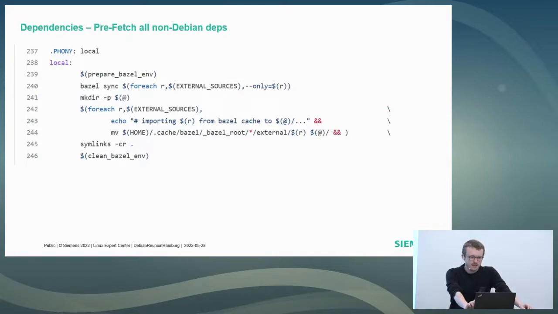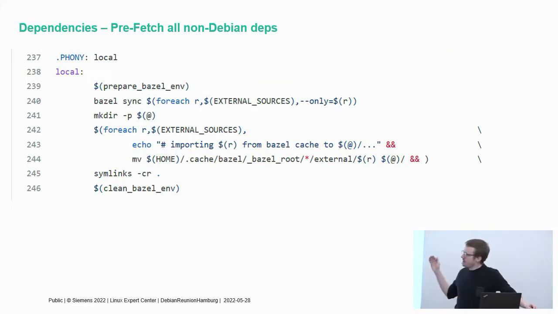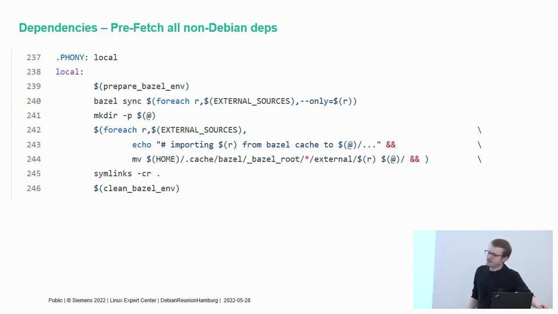So as I said in the beginning, you cannot use all system dependencies, but only those where TensorFlow has support to switch over to the system. For the others, we do not want to download them at build time, but instead we want to prefetch everything so that we have a sources archive, also for reproducible builds. And that's what we do here.